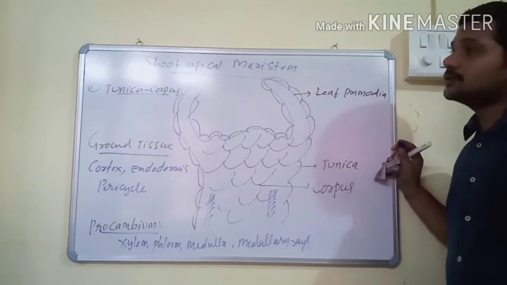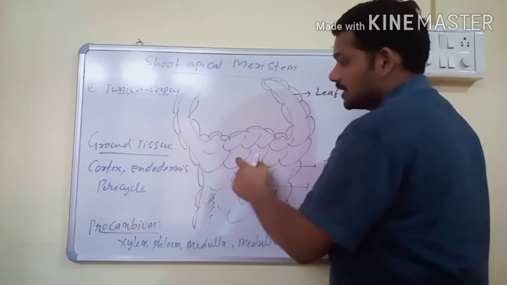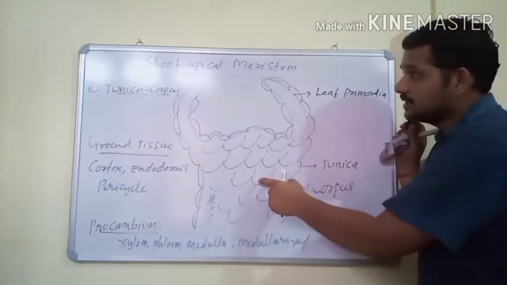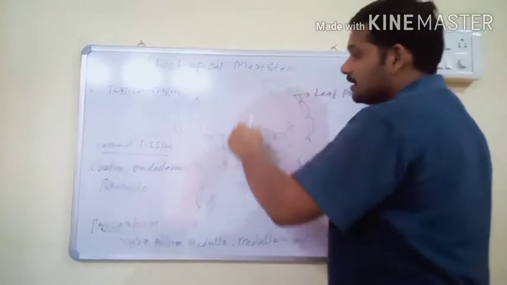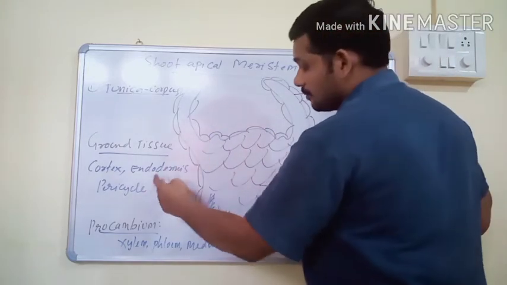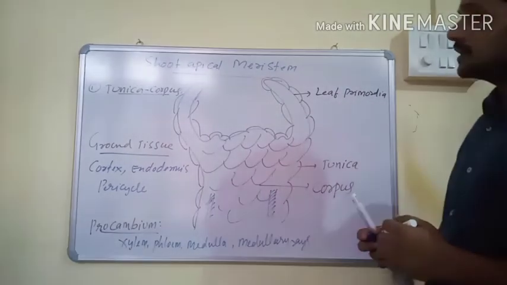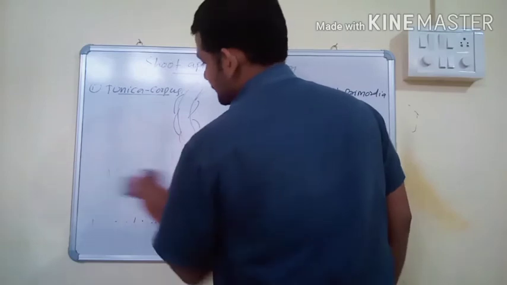According to the tunica corpus theory, all these tissues originate from both tunica and corpus. It is a well accepted theory regarding the shoot apical meristem because it explains the plane of divisions, how cells divide to form the permanent internal tissues. So this is the tunica corpus theory, and the second one is the histogen hypothesis.